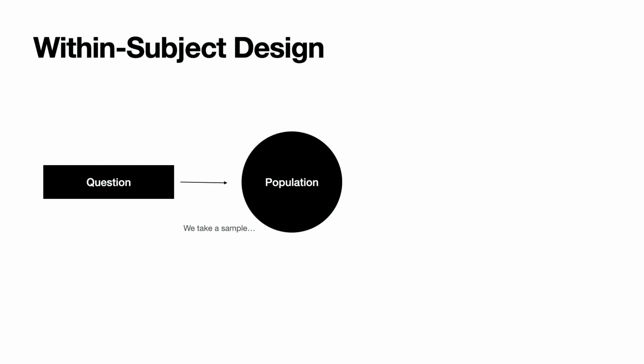So we take a sample, and we first measure where they are right now in terms of their depression. This is the pre-test. We might even use a standardized depression scale, but they already have the diagnosis.